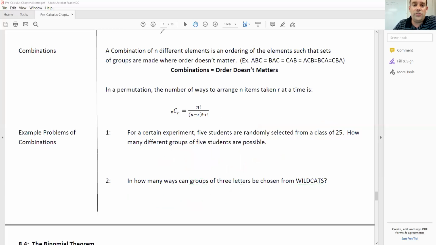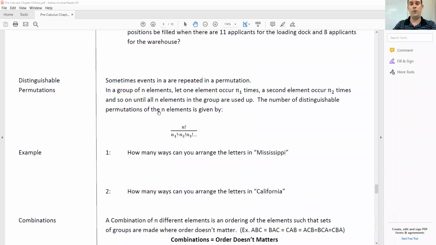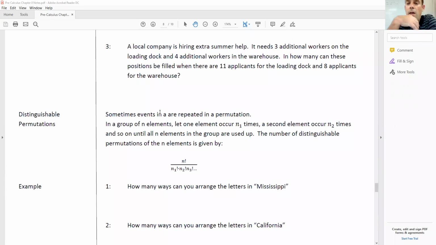All right, so now let's go back to that question we had earlier. I don't think these positions in the warehouse and the loading dock are actually any different. I think they are interchangeable. In which case, if they're interchangeable, then order wouldn't matter how you select them. You'd have a team of loading dock workers you're selecting, and a team of additional warehouse workers you're selecting.